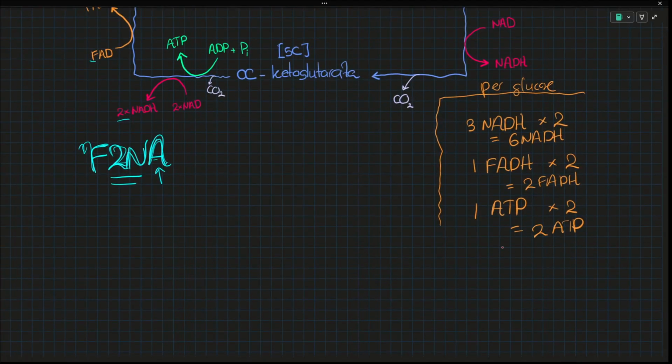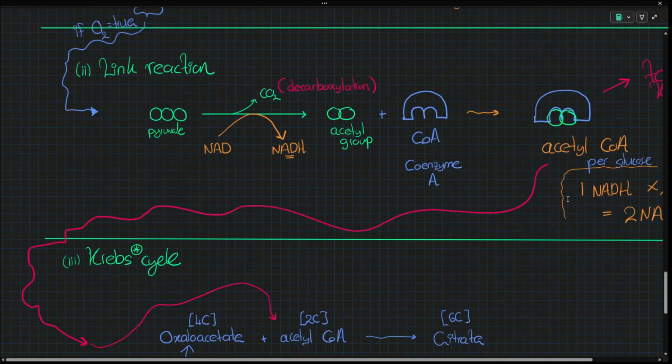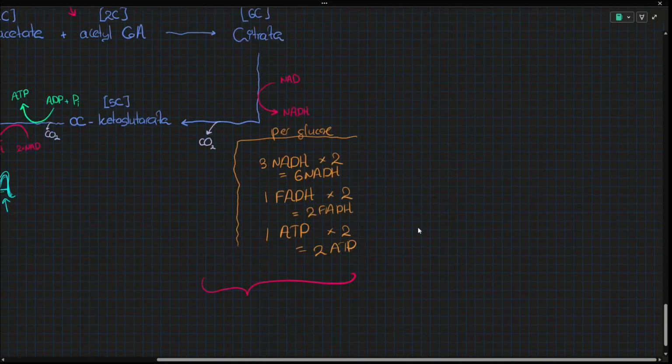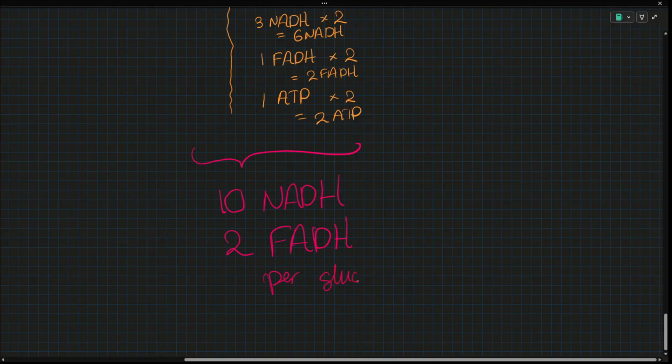That is how many coenzymes and how much ATP is produced per glucose, like so. Now, just a little overhaul of everything so far. Here we have 6 NADH molecules. Here we had 2 NADH molecules, and there were also 2 NADH molecules produced here. So there's an overall amount of 10 NADH molecules produced, and an overall number of 2 FADH molecules per glucose molecule.